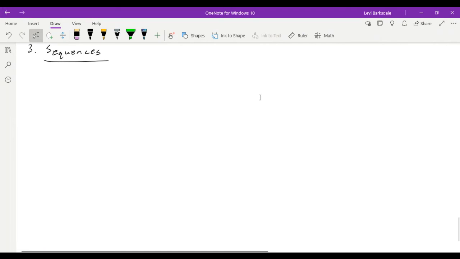Which are pretty straightforward. In really mathematical terms, a sequence is technically a function, and it is a function that takes integers as input.